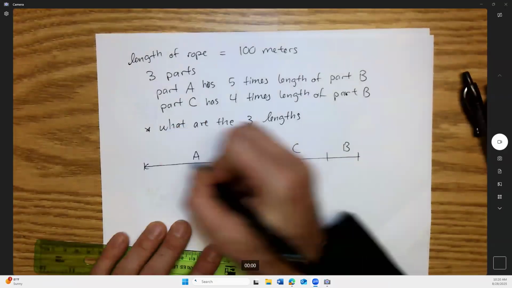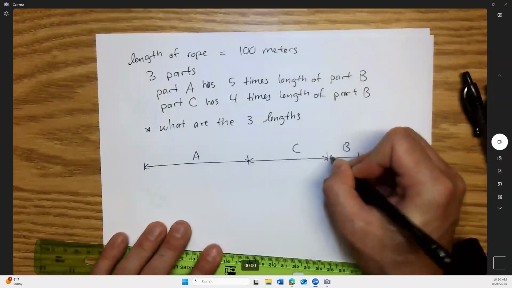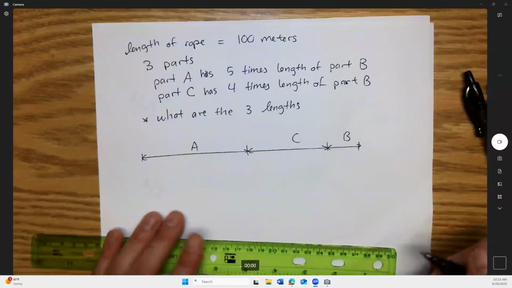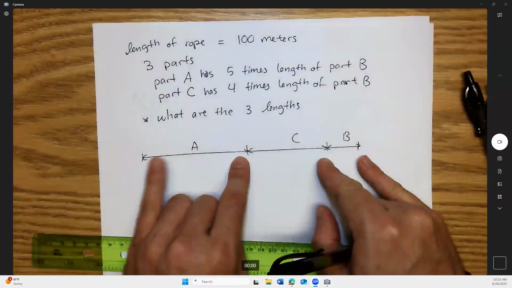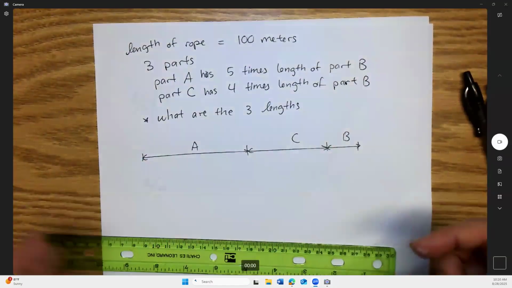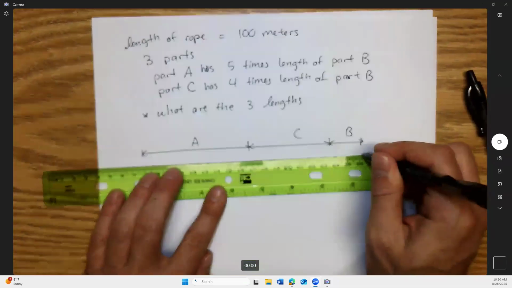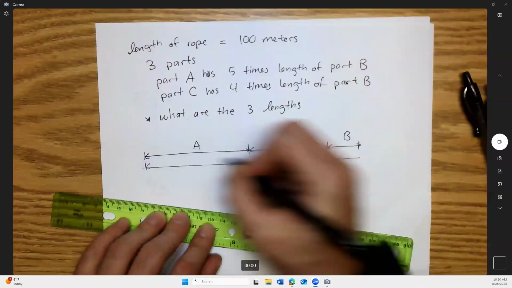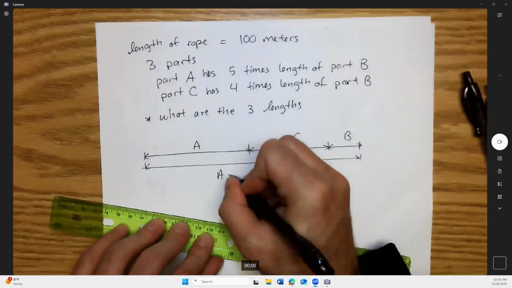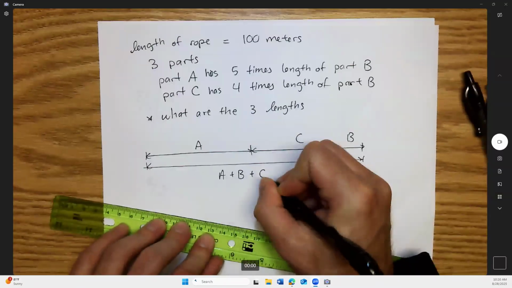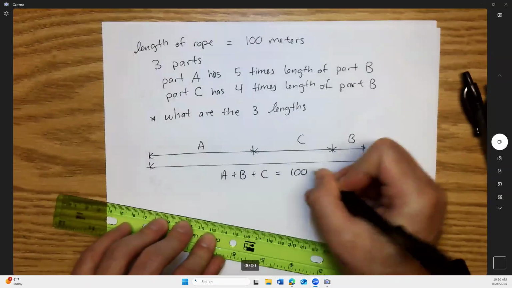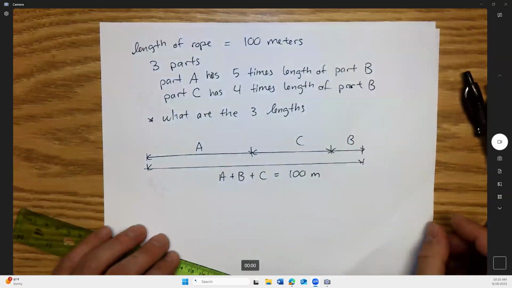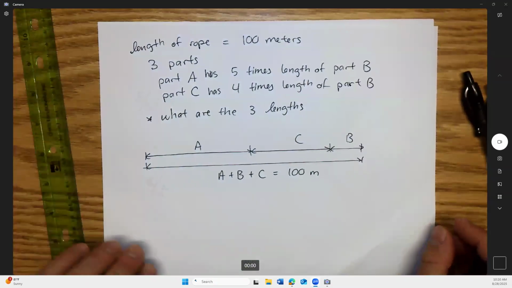So maybe this could represent pretty close to that scenario. A is 5 times B and C is 4 times B. And the whole thing has to add up to 100 meters. So this entire length, I'll call it A plus B plus C, has to add up to 100 meters. So that's the scenario, right?